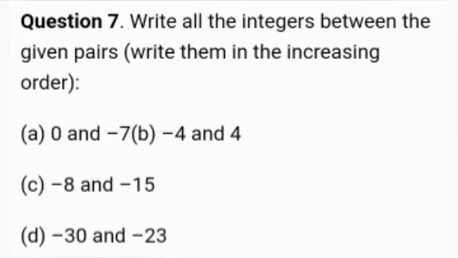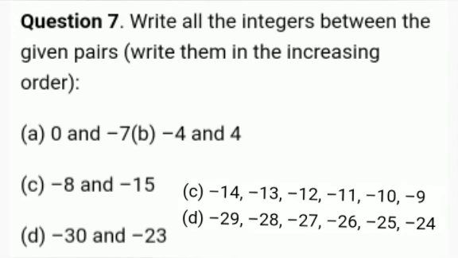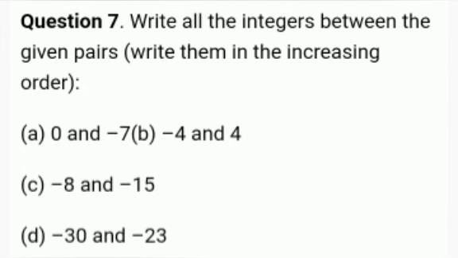Every number on the number line. Then -8 to -15, we have -14, -13, -12, -11, -10 and -9. Between -30 and -23, we'll have -29, -28, -27, -26, -25 and -24.